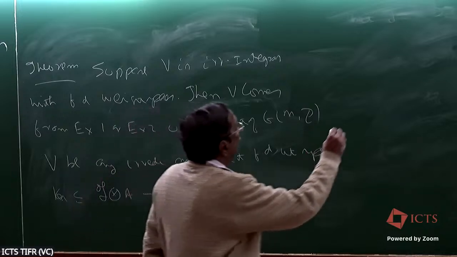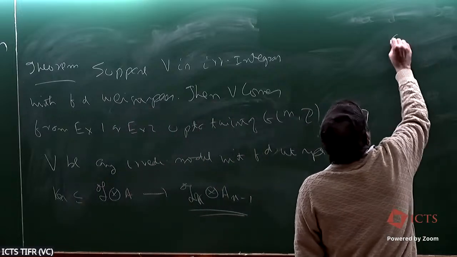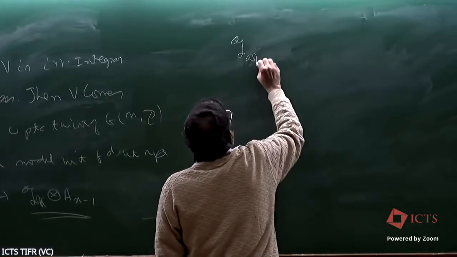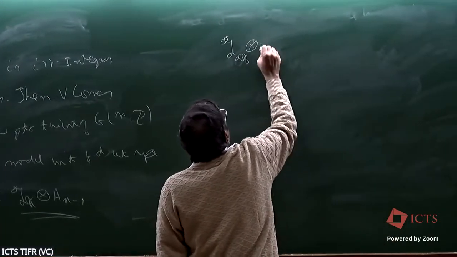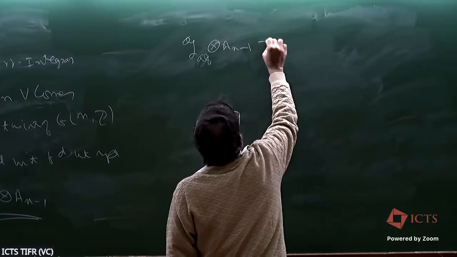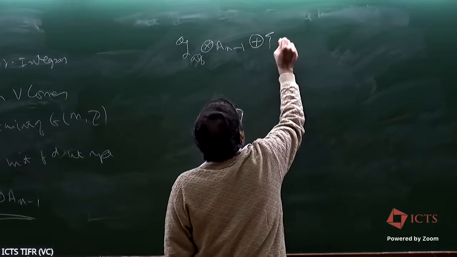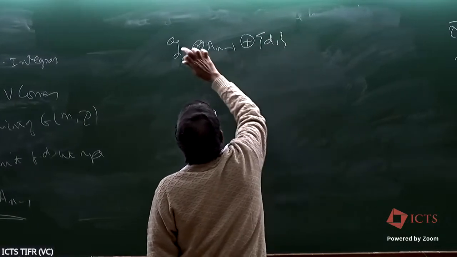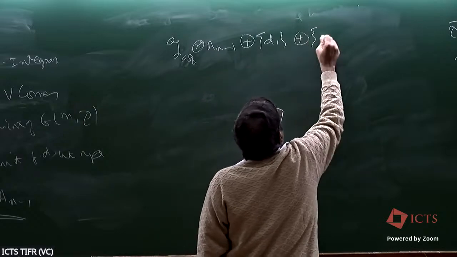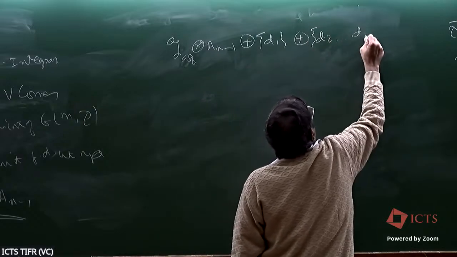Okay. Now we make one remark. So g tensor A_{n-1}, the center is here. I will call it D1. That is here, it acts here. And the others D2, ..., Dn.